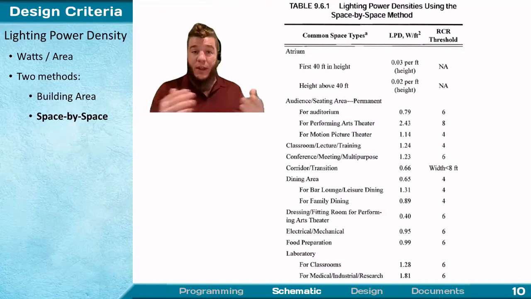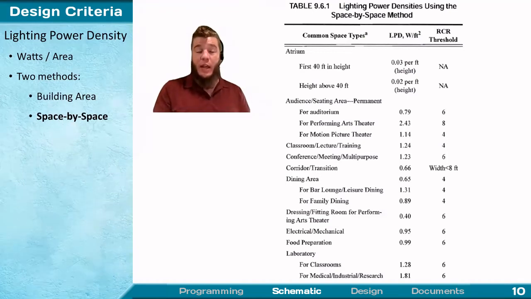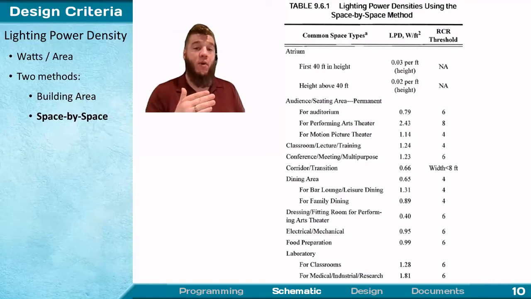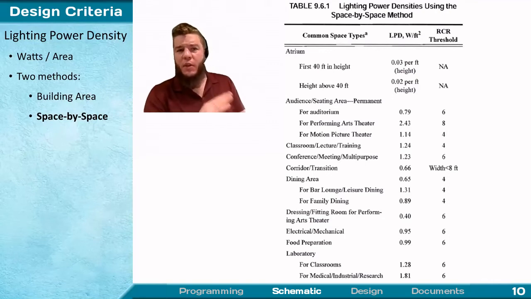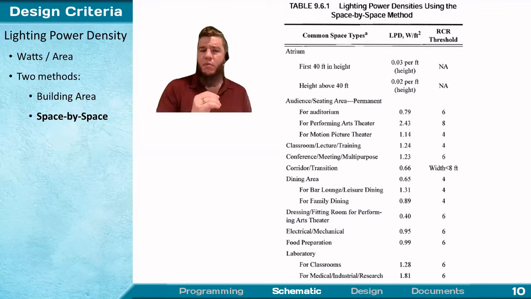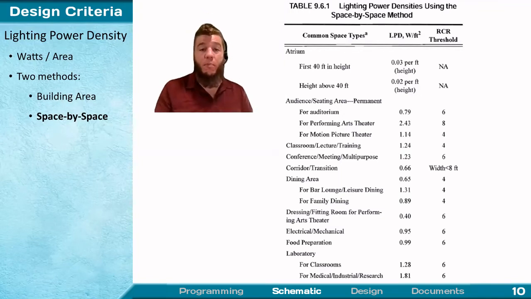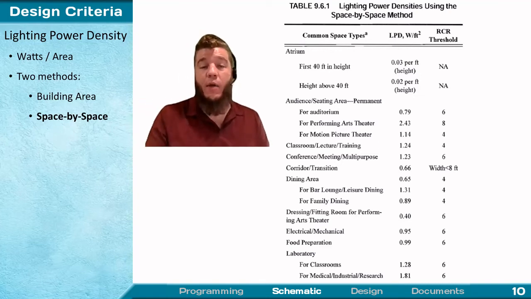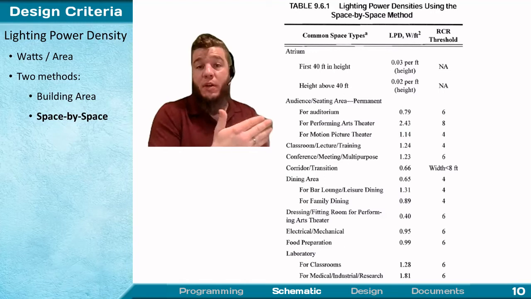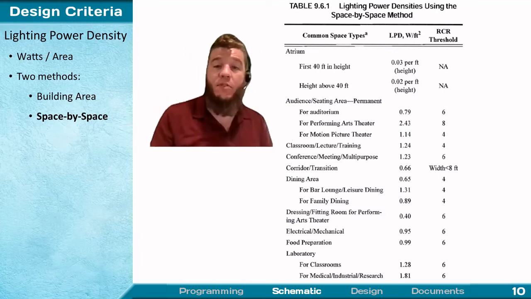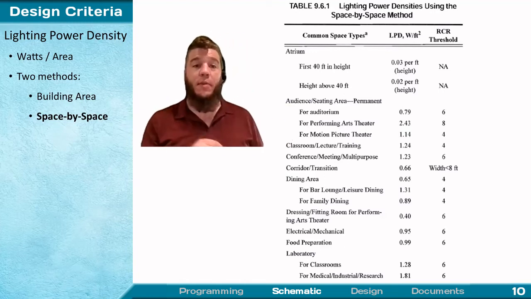The more important aspect of ASHRAE 90.1 for your project is the lighting power density requirements. Now, I'm actually using an older table here just because it's easier to read for this lecture. So it won't look exactly like this for your project, but it's a pretty helpful table right now because I'm just wanting to see a bunch of space types and the associated lighting power density limits.